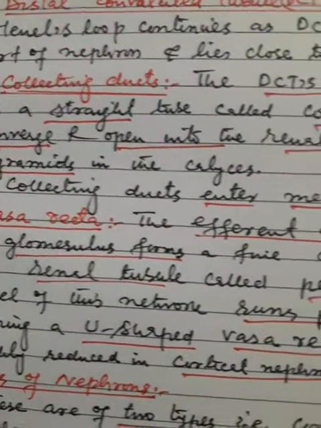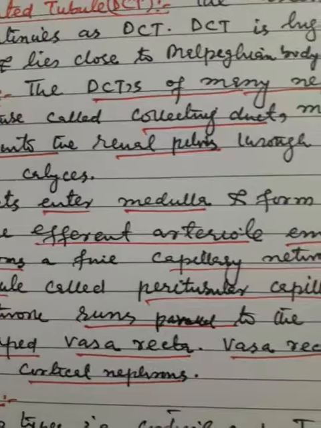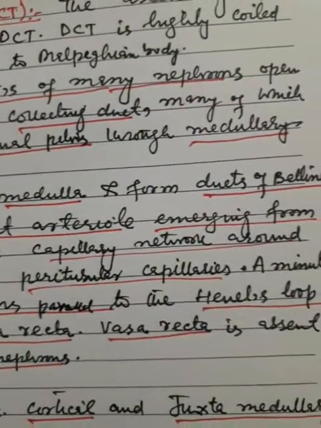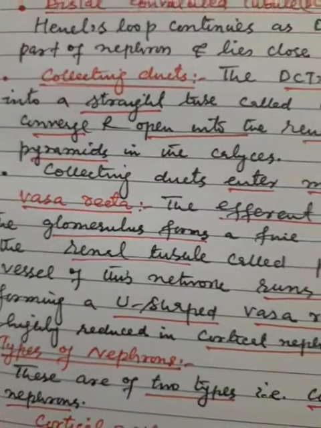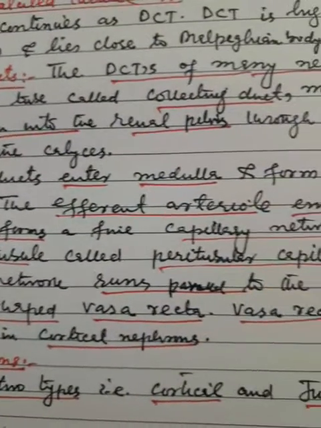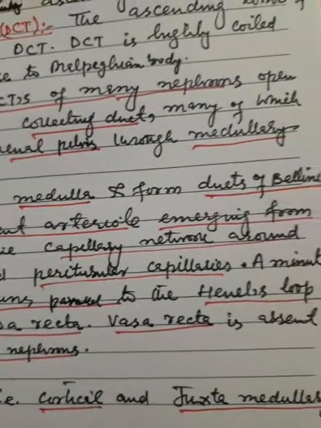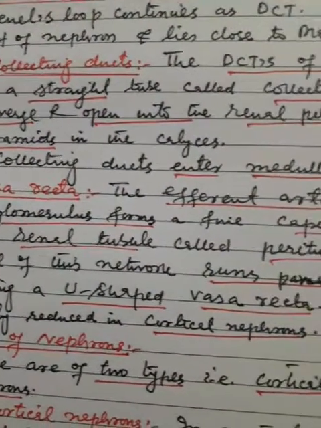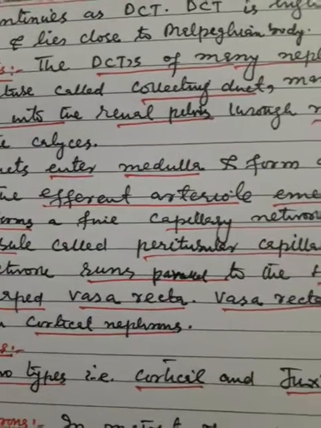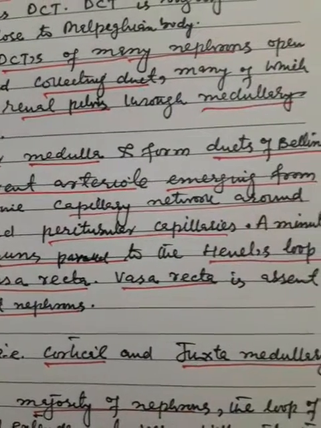Vasa recta. The efferent arteriole emerging from the glomerulus forms a fine capillary network around the renal tubule called peritubular capillaries.